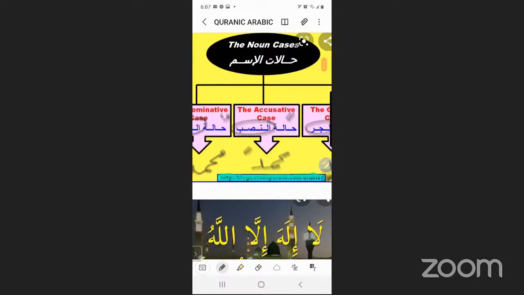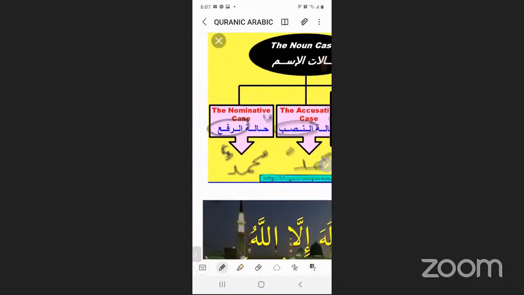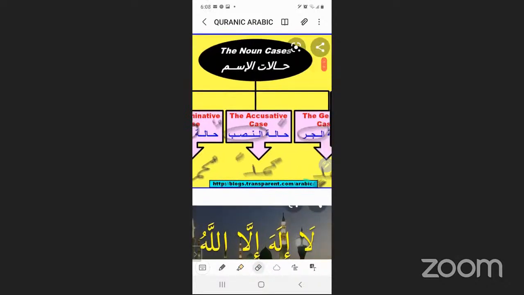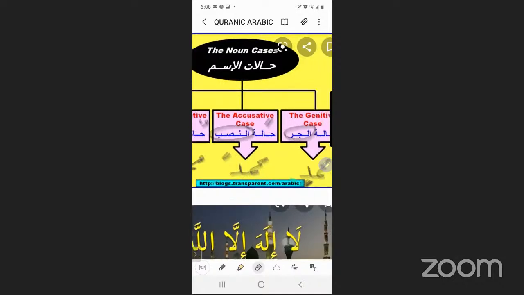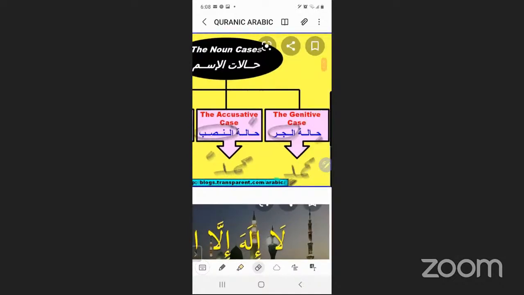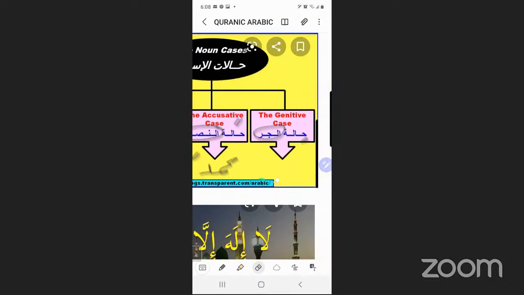So you can see, I'm giving an example, Muhammadun, the Rafa sound, Muhammadan, which is the nasab sound, the accusative case, and the genitive is jar, Muhammadin.